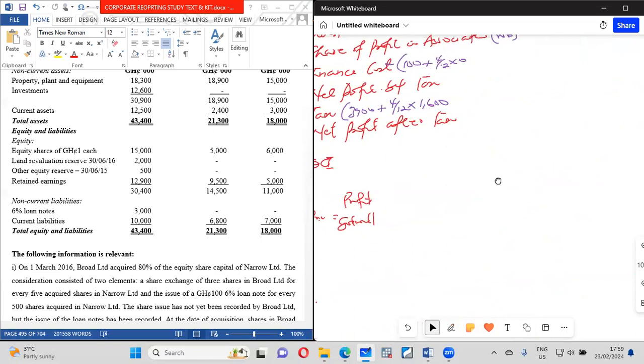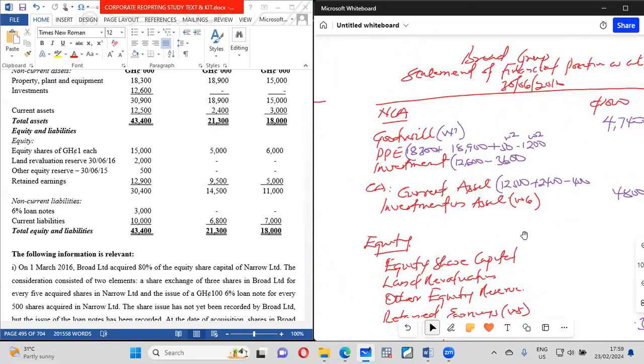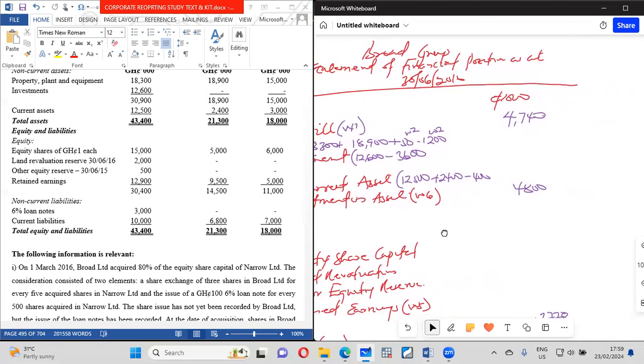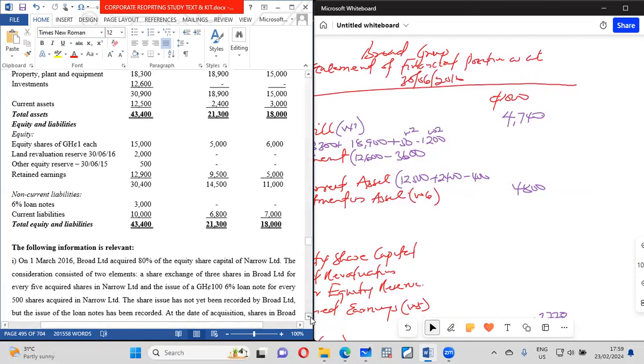All right, now, so what do we do? We were told about some other investments in the question. Okay, so we minus the 3,600. We are also told about some other investments inside the question. So let's go into those investments.